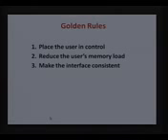There are 3 important golden rules for good interfaces. Number 1, we must place the user in control. We must reduce the user's memory load. We must make the interface consistent.